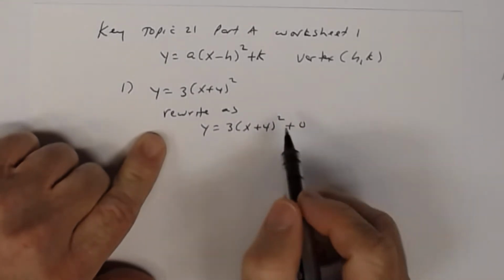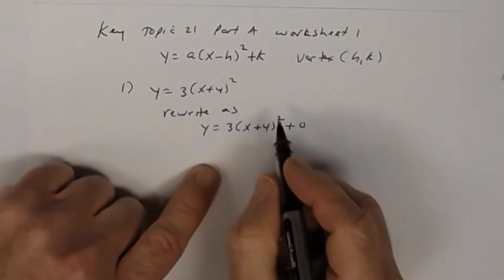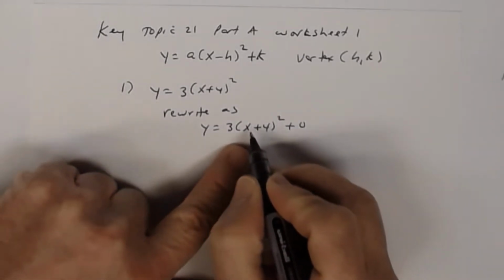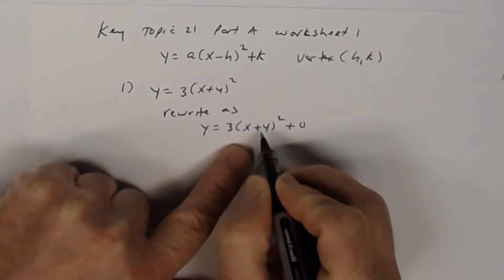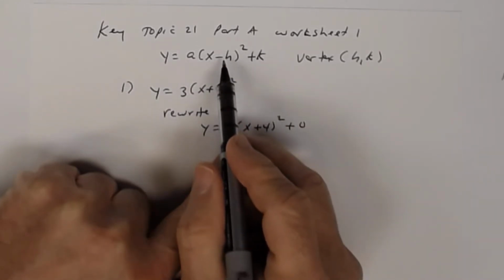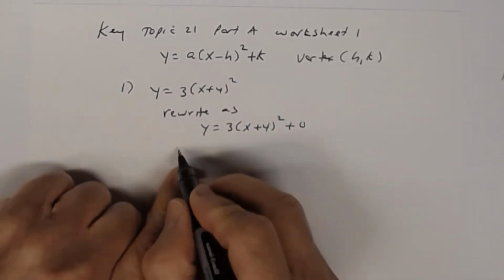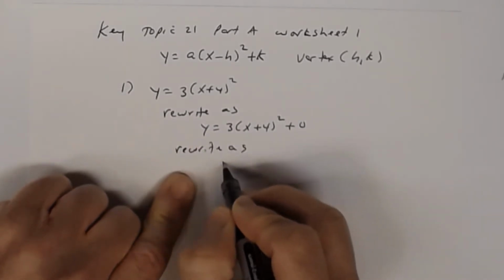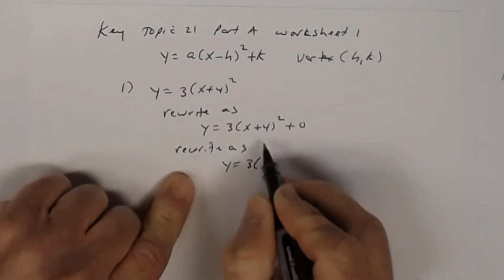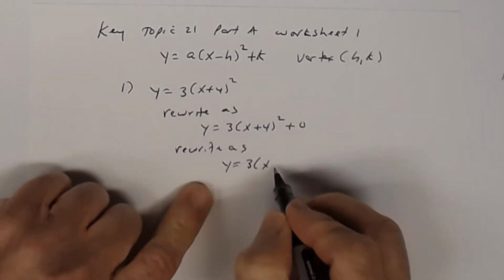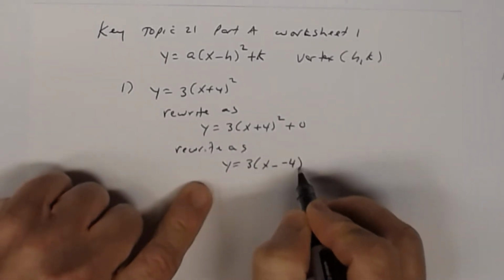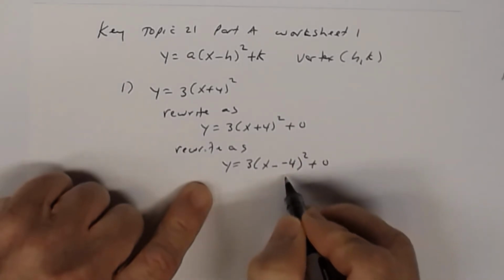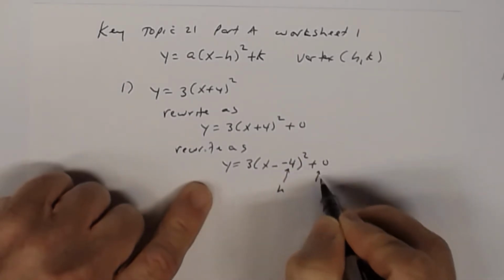And so now you can determine h real quickly. For some of you, you may want to rewrite x plus 4 so that it looks like x minus h. In other words, rewrite as y equals 3 times (x minus a negative 4) squared plus 0. And so now this is your h, and this is k.